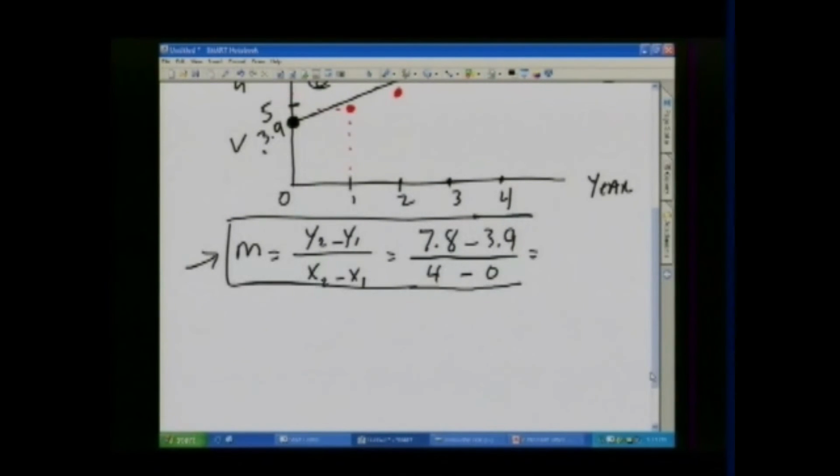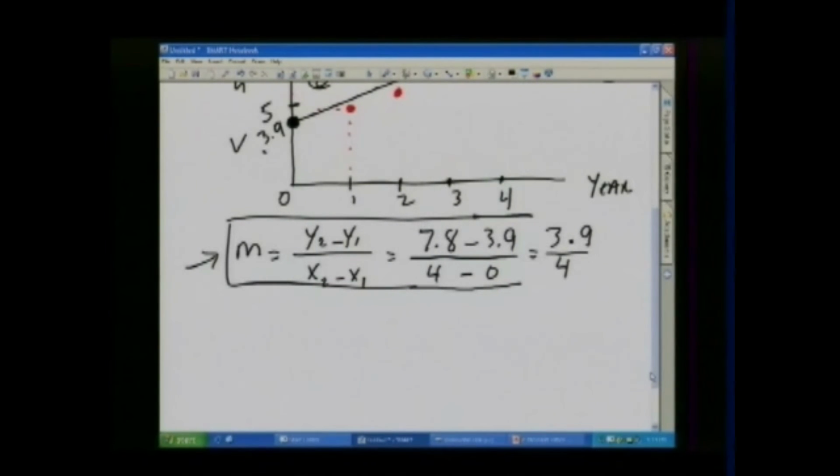So if I do this, 7.8 minus 3.9 is 3.9, divided by 4.